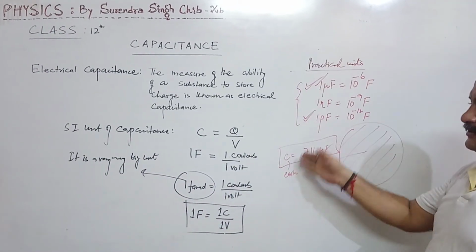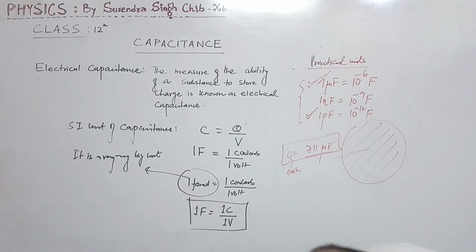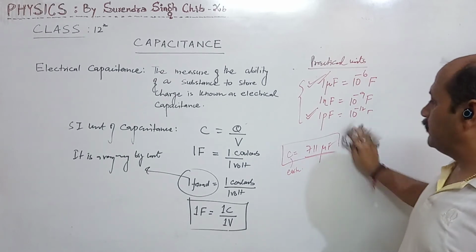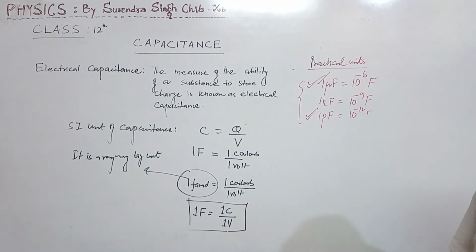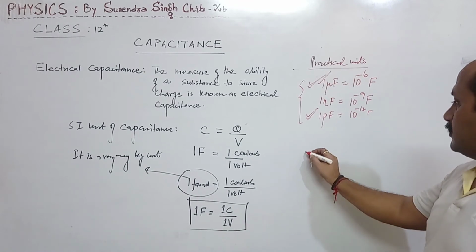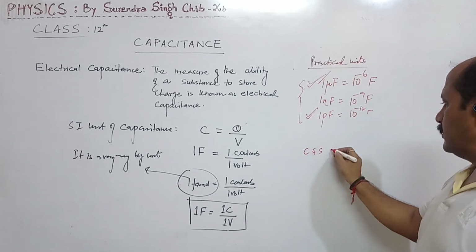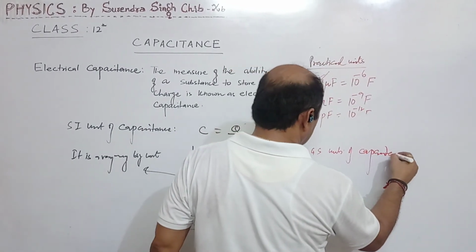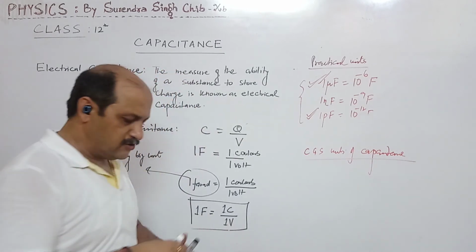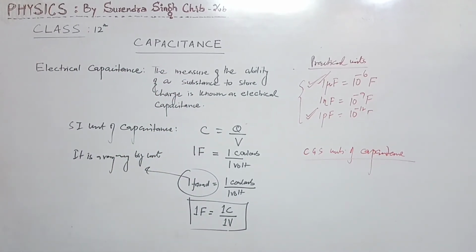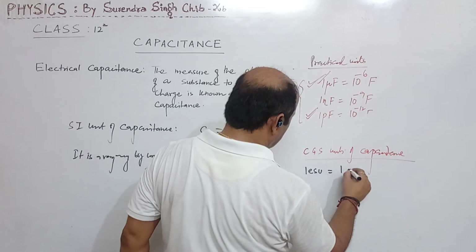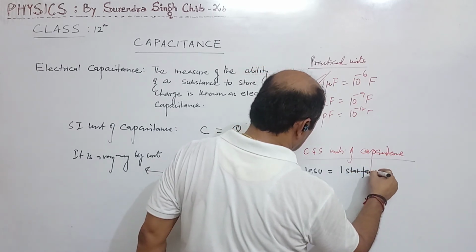Practical units are this, and other units are CGS units. CGS units में क्या है इसके? CGS यूनिट है हमारे पास स्टैट फैरड. CGS units of capacitance. CGS units में पहले आएगा इलेक्ट्रोस्टैटिक यूनिट्स. तो इलेक्ट्रोस्टैटिक यूनिट्स में we have one stat farad, electrostatic unit, that is called one stat farad.